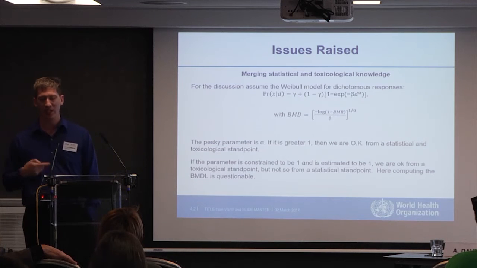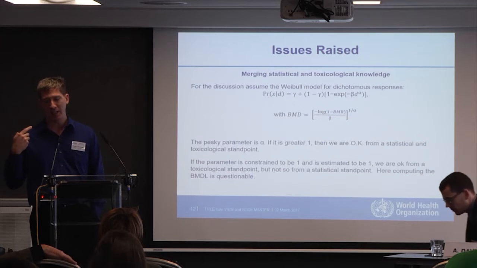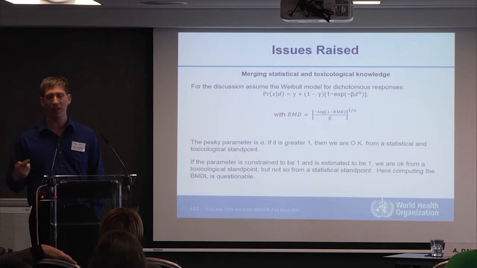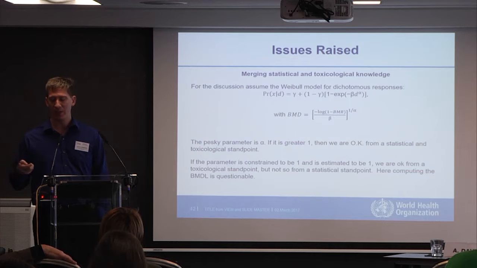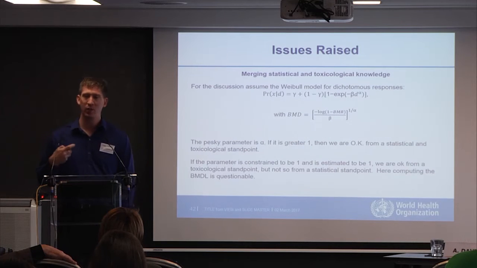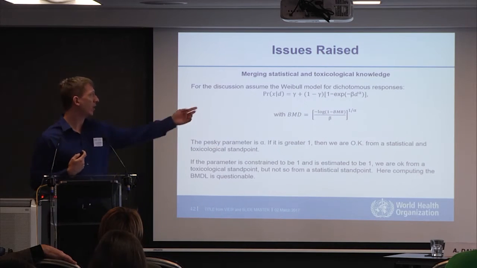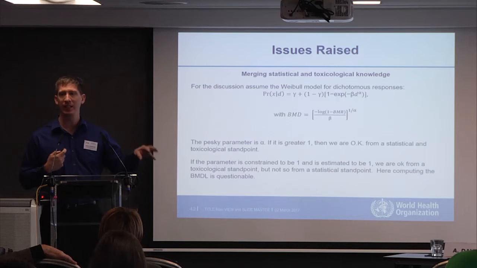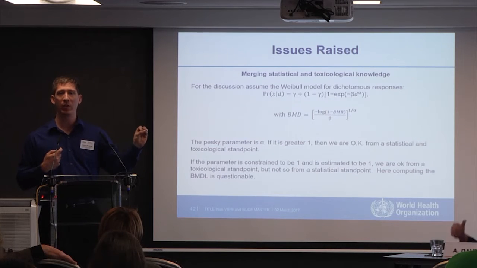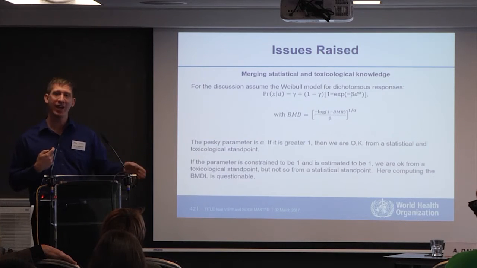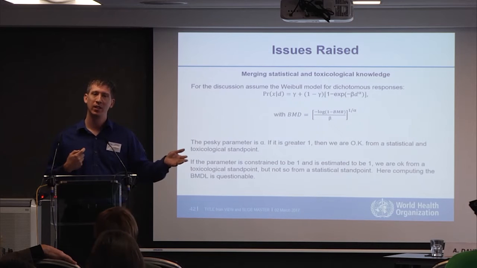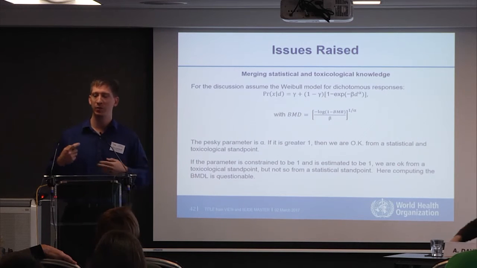Okay, so for the discussion, I'm going to throw out my one equation, and it's what was brought up in the discussion a lot at JECFA, the Weibull model. Now, the Weibull model, the restriction unrestricted, it's that alpha up there that really is the parameter that we worry about the restriction. If that goes less than 1, we start to have some questions.